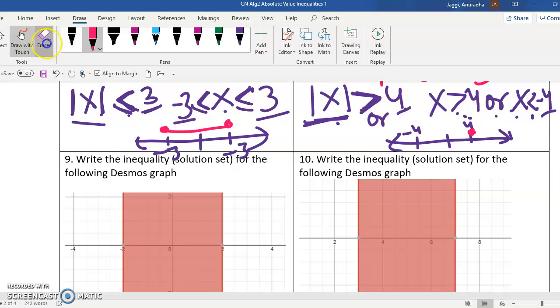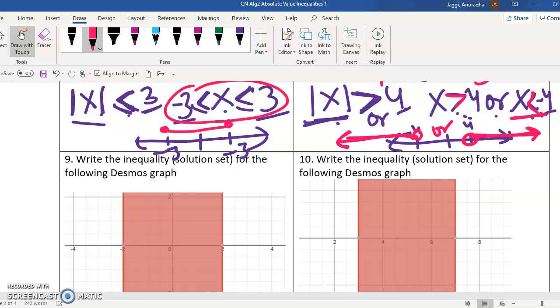It's not a bubble in because it's just a greater than sign, so it's an empty circle, greater than 4, or x is less than negative 4. So this is an OR inequality. The graph goes in two opposite directions, greater than 4 and less than negative 4. And here it is confined in between, so the graph is confined between the two values.